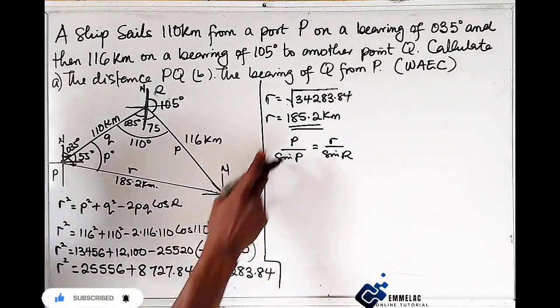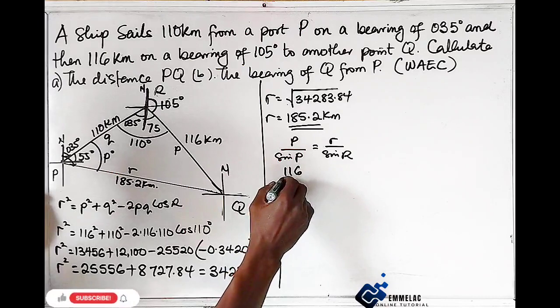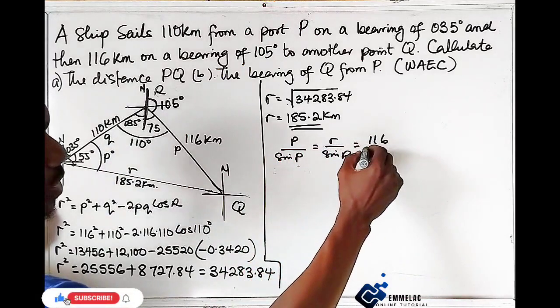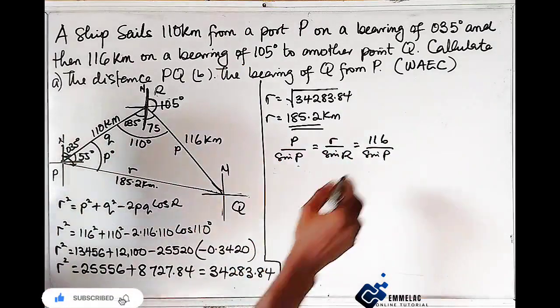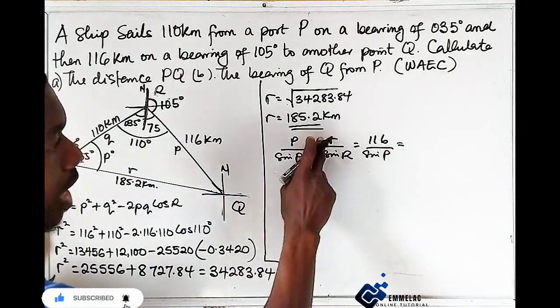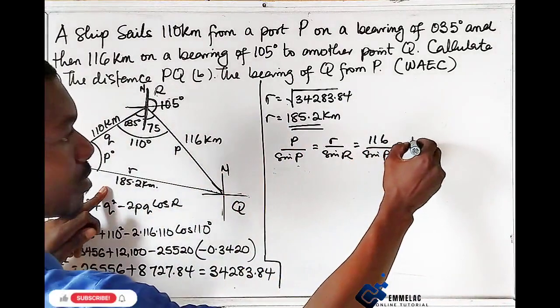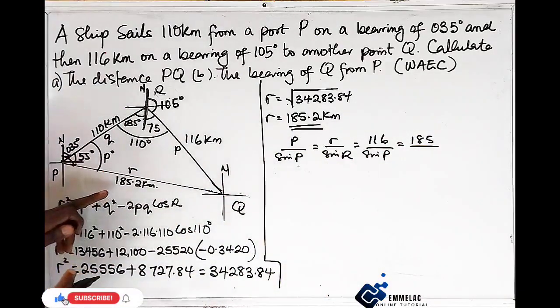Our p here is 116. Let me write it here to save space. 116 over sine P, which is what we're looking for, equals our r here, which is 185 approximately. Let us just round it up to the next whole number.